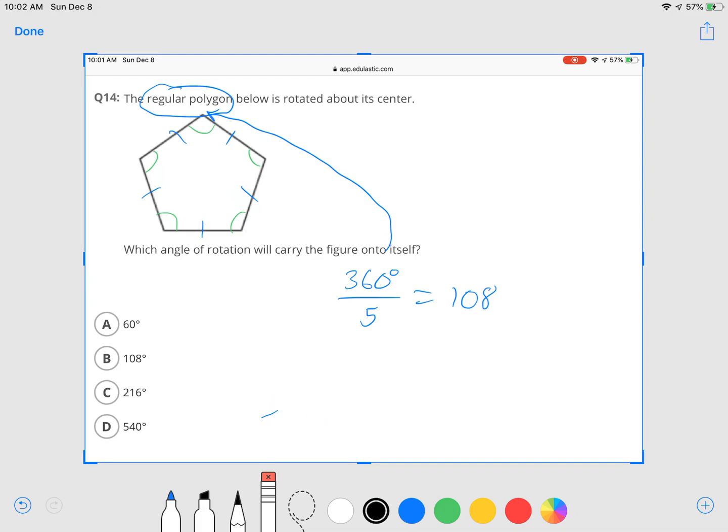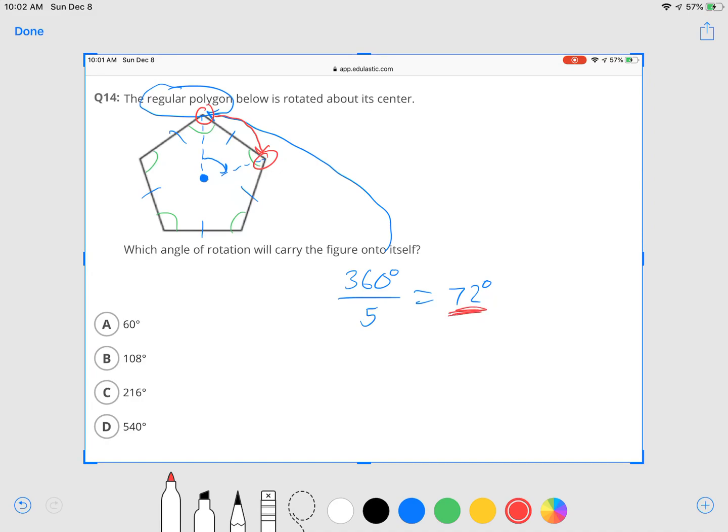Oh, that's right, this is 72. Sorry, no calculator. Okay, so 360 divided by 5 is 72. So that tells you that if you rotate this polygon, let's put a center of rotation in there, if you rotate 72 degrees, then this point in red at the top gets moved over to this point over here.